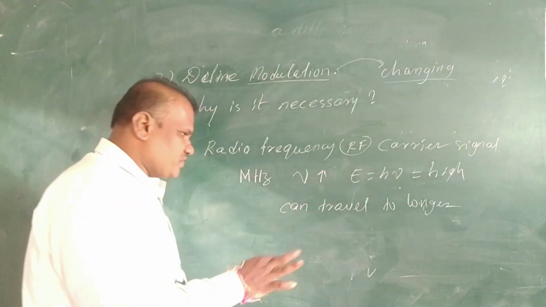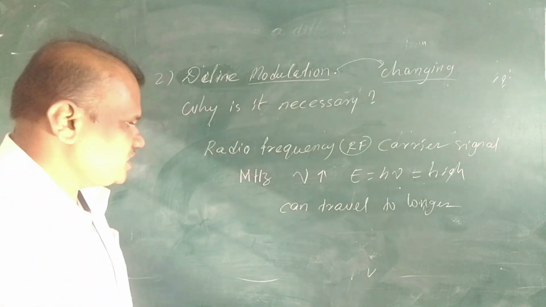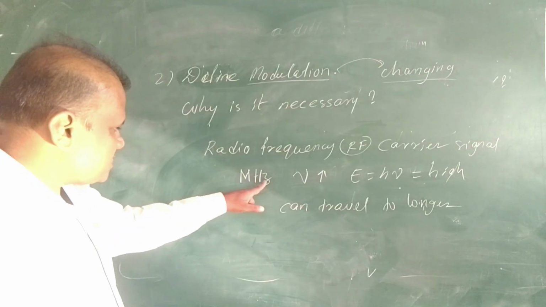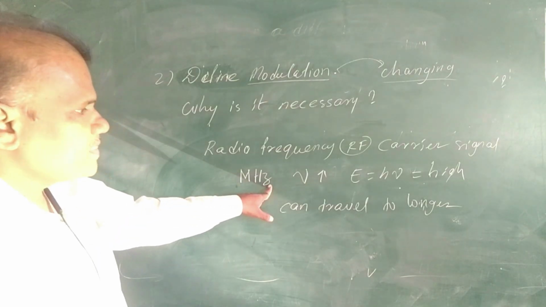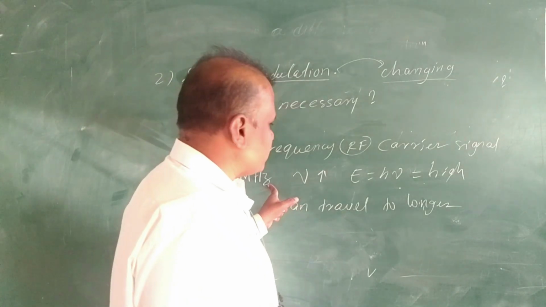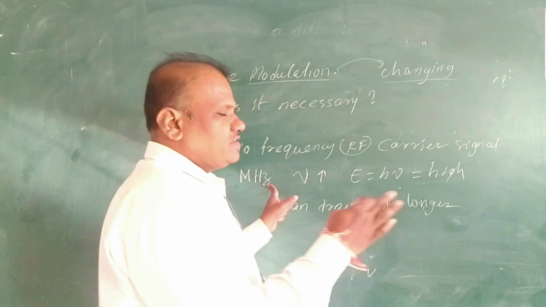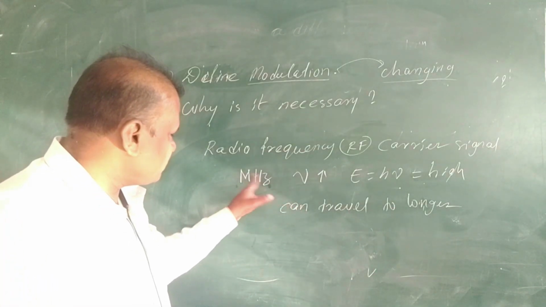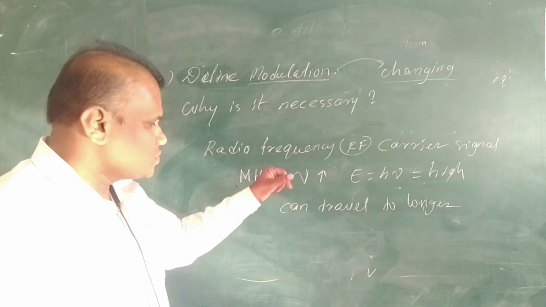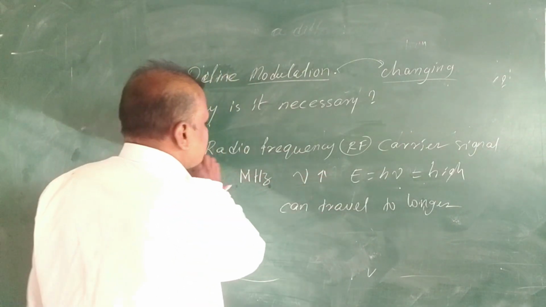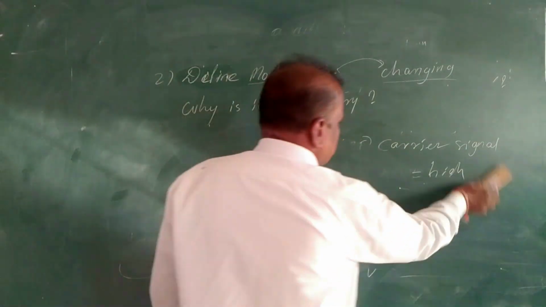But we can't listen to these signals because the frequency is in the range of megahertz, and we can listen only to signals which have frequency between 20 hertz to 20 kilohertz. So that is called radio frequency.